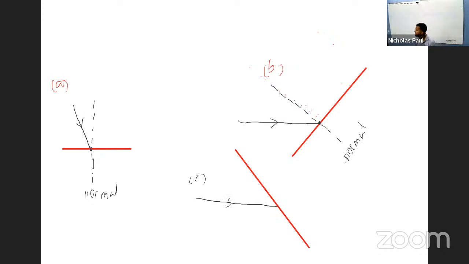Right, draw the diagram in your book and draw the normal.